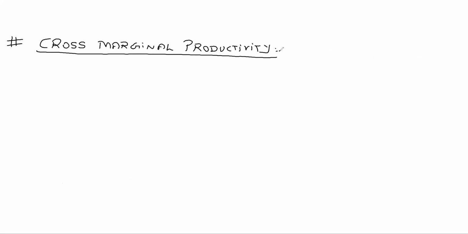We just saw that FLL and FKK are direct marginal productivities and their sign is negative.